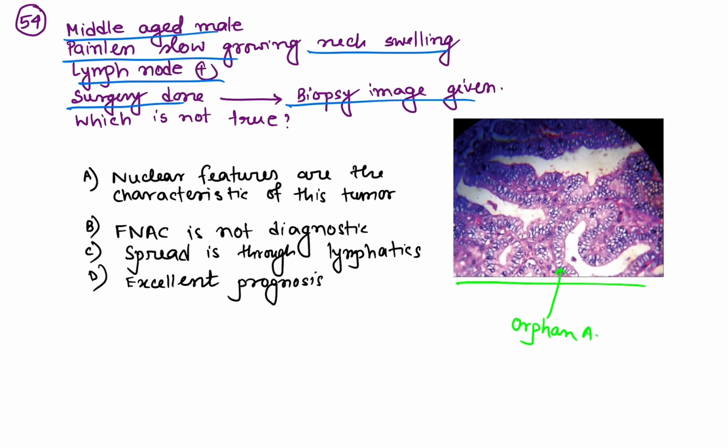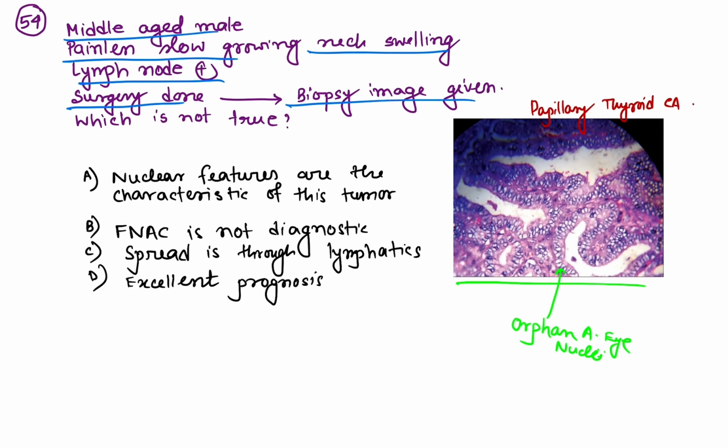So Orphan Annie nuclei, this is seen in which type of carcinoma of thyroid? This is seen in papillary thyroid carcinoma. So this is the typical picture of Orphan Annie nuclei, a cartoon character, suggestive of papillary thyroid carcinoma.